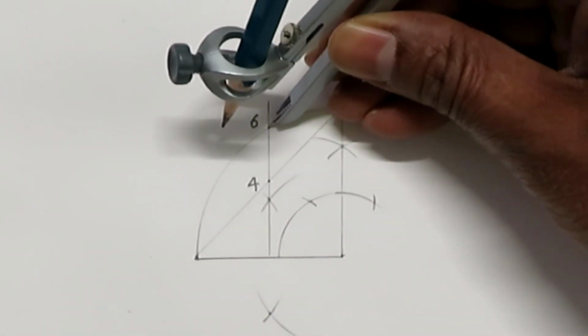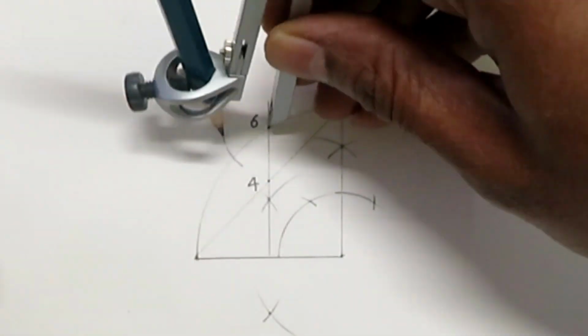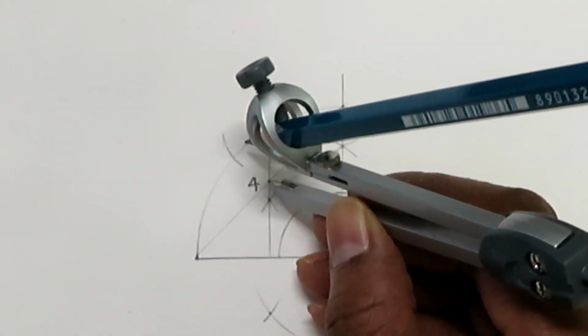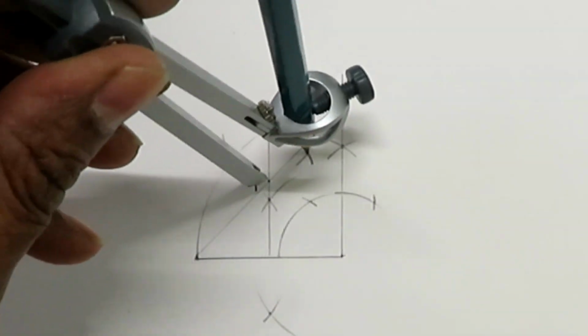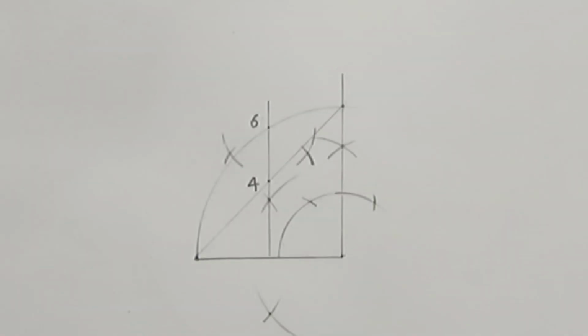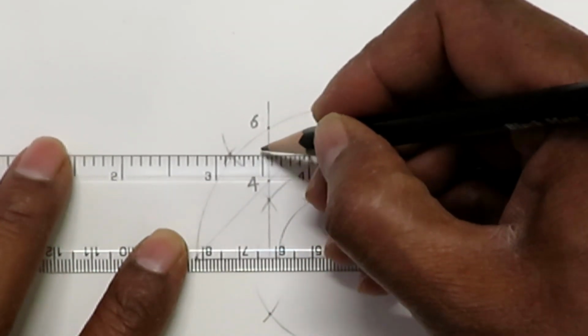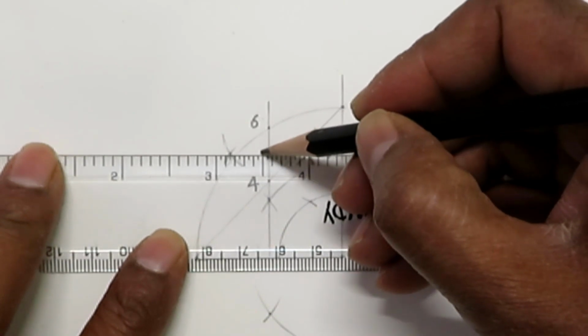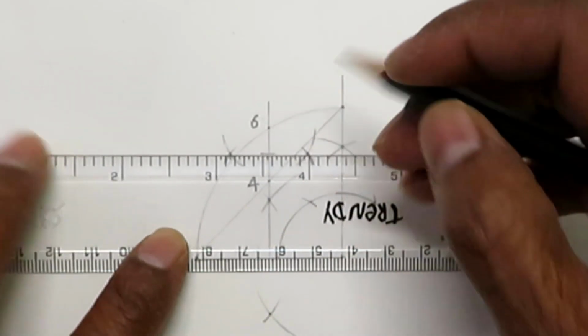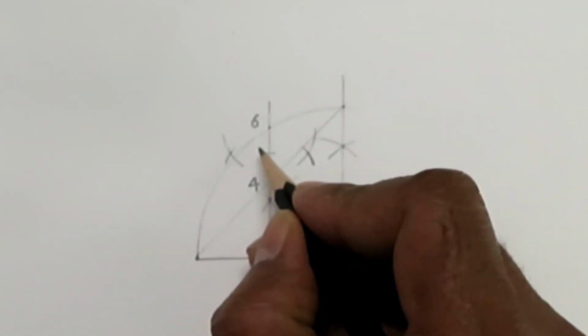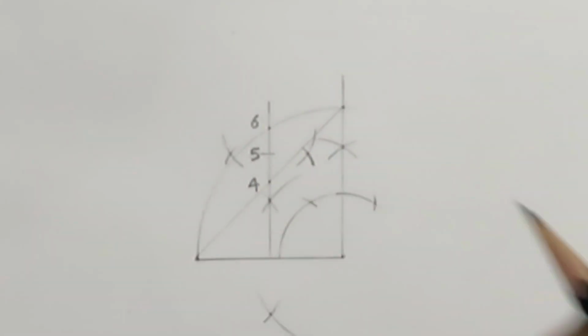So again we will use the compass method. So we will cut this line at this point and designate this point as 5.